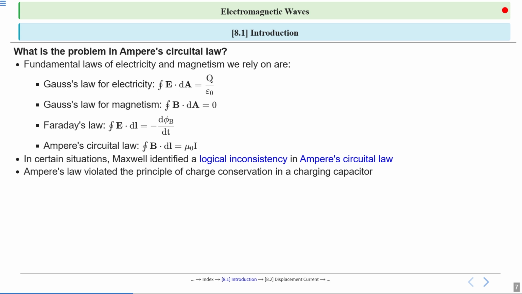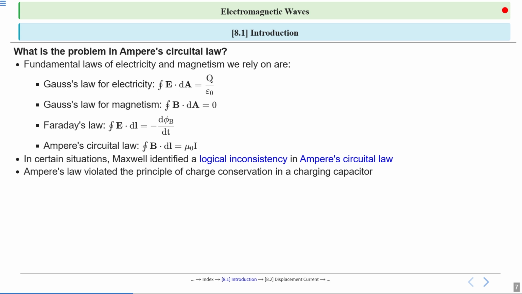But when it reaches one plate of the capacitor, there is a space between the two plates. Inside that space there is a magnetic field, but there is no current. How is that magnetic field coming?